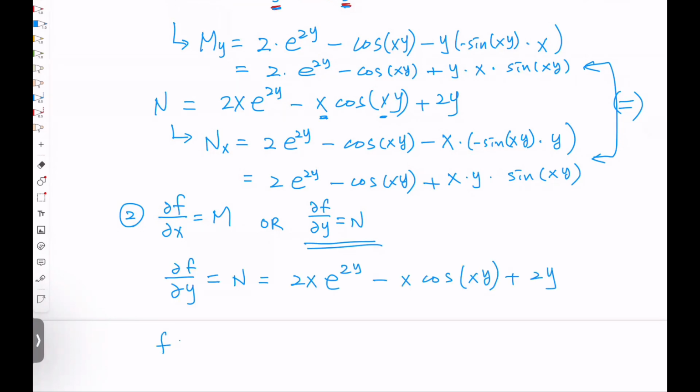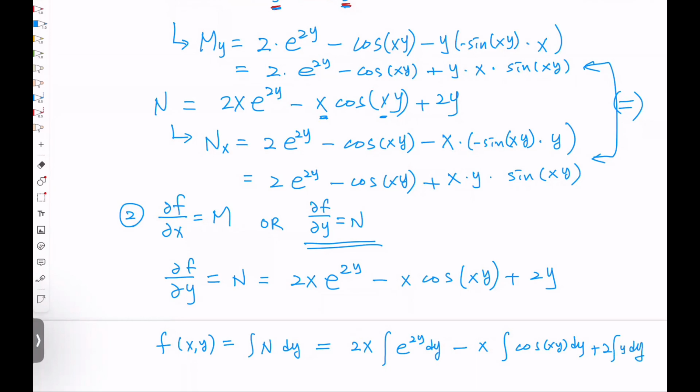Now we need to find f(x,y), which is the integral of the N. Then 2x is the constant, and e to the 2y dy. And then minus x is the constant, integral cosine xy dy. Plus 2 is the constant, y dy.